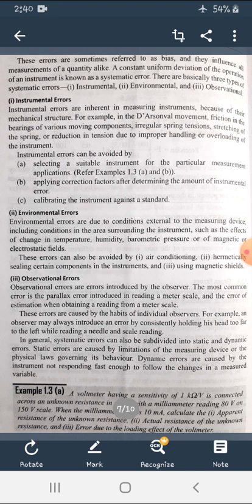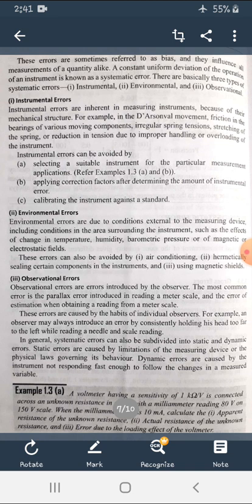And next, the environmental error. What is environmental error? It is error due to conditions external to the measuring device, such as temperature, humidity, barometric pressure, magnetic or electrical induction, or electrical field. These kinds of external hazards or external influences which affect the system or measurement are the environmental error.